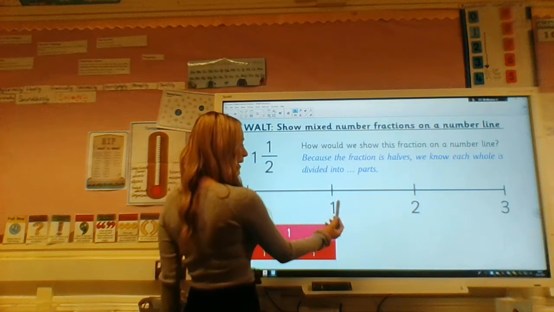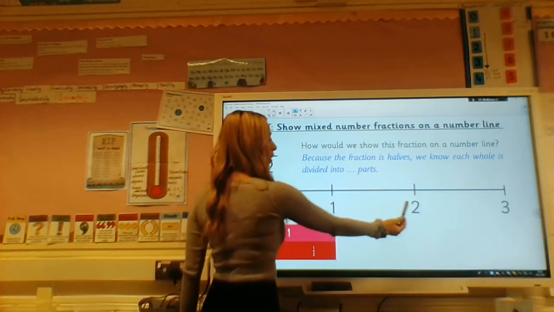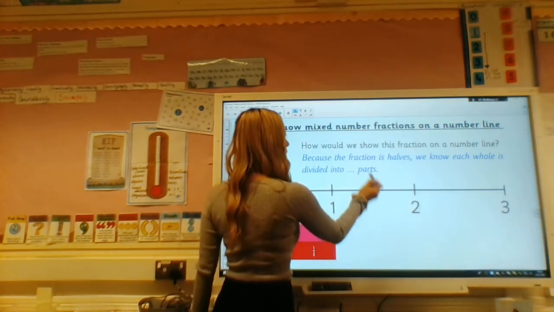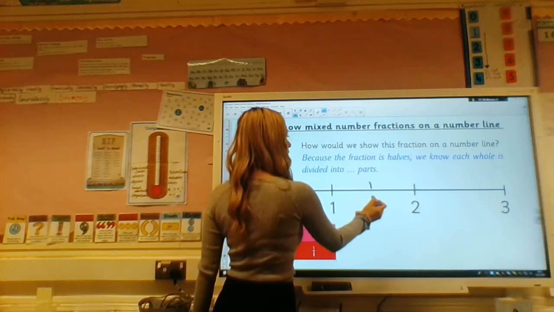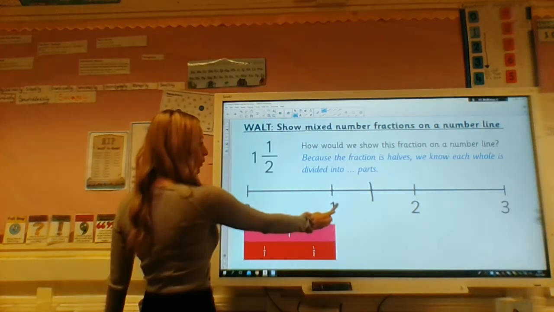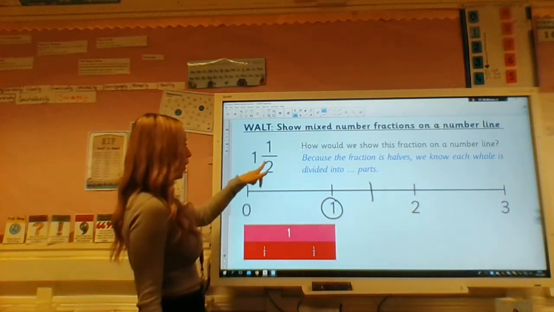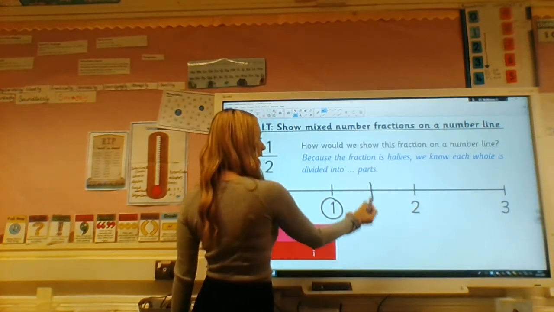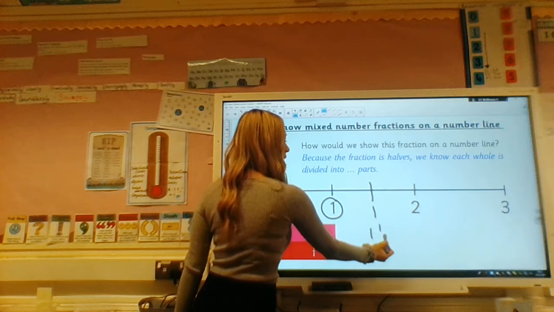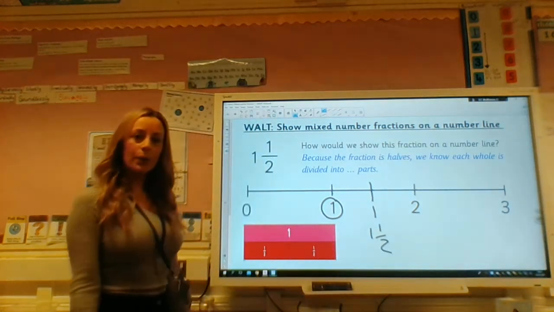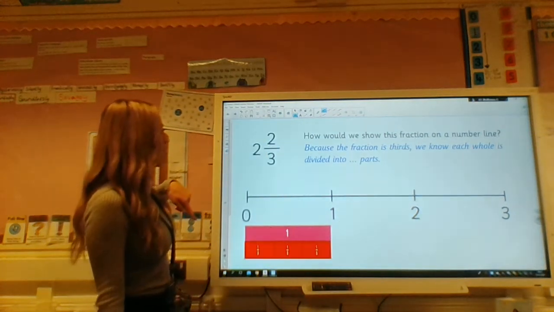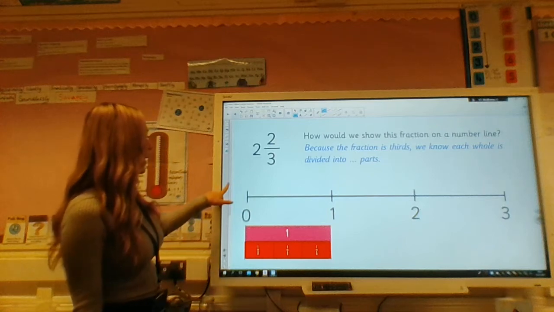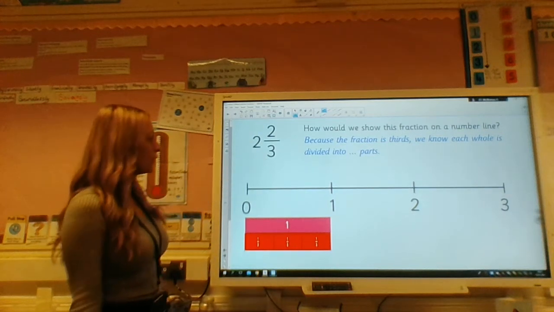If you split between the 1 and the 2 into a half, so here's your 1 whole, and then you've got 1 half, so you need to split this part into half, and then 1 whole and 1 half would go there.